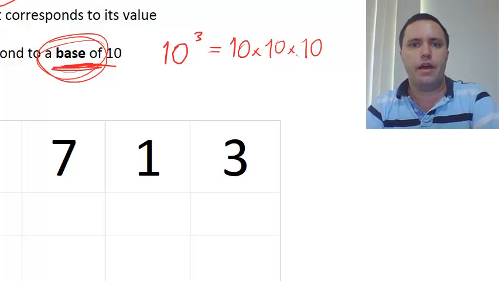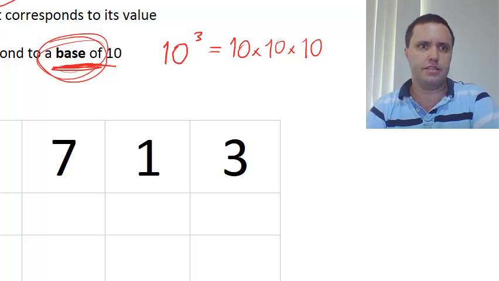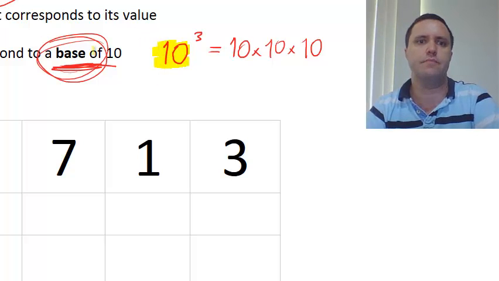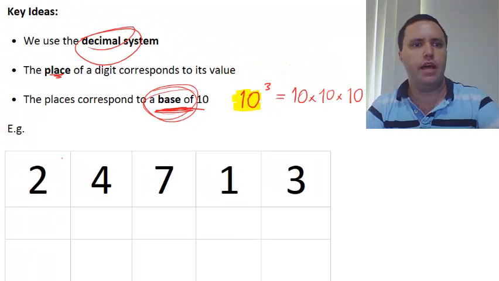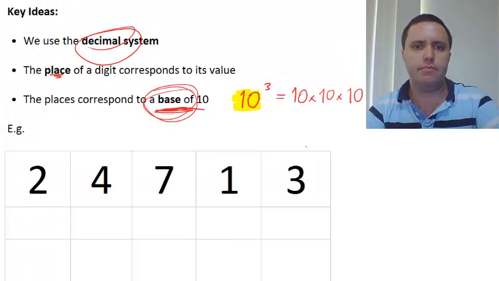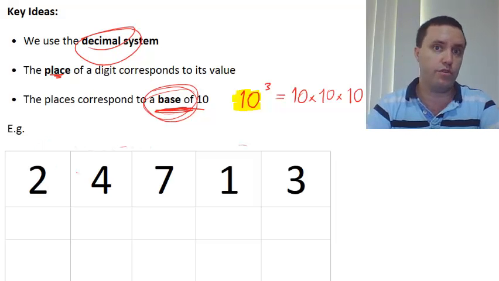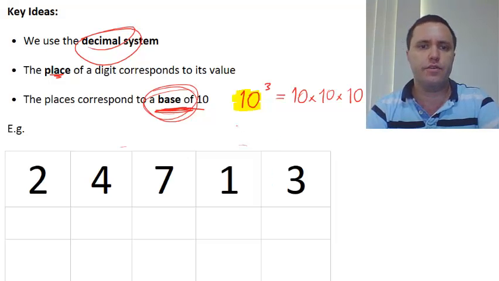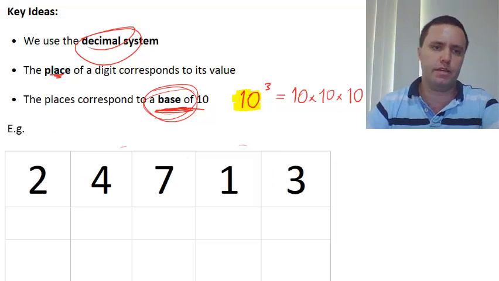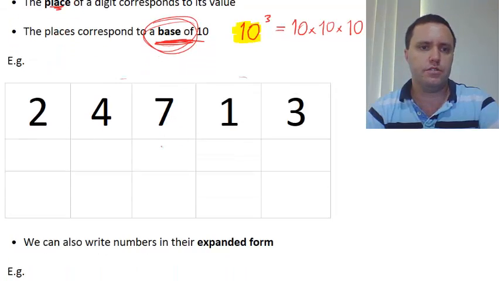The fact that this is a 10 here means it's a base of 10. So as we move up the digits in a number, from this 3, 1, 7, 4 and 2 in this 24,713 number, each of these is a different base of 10, and I'll show you what that means in a moment.